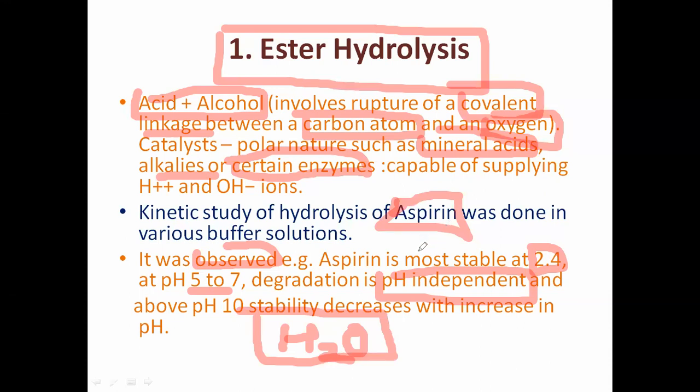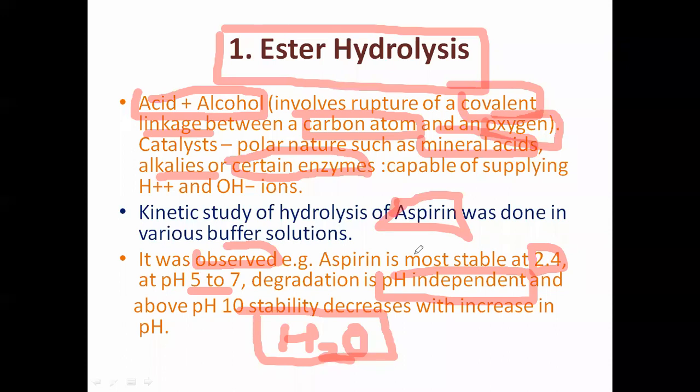The final observation we can say was that this aspirin was more stable at a particular pH, and the pH was 2.4, and at pH 5 to 7 also we can say it was stable.